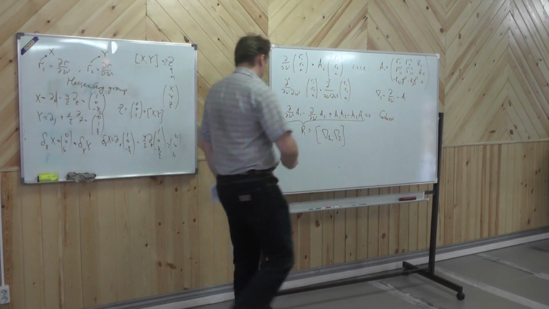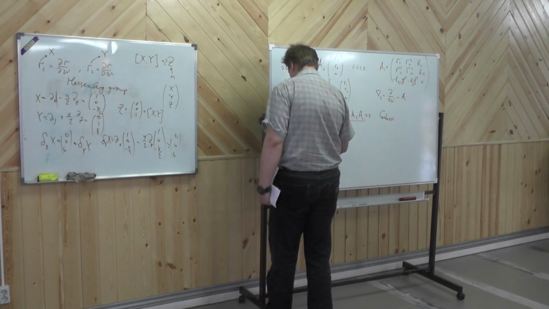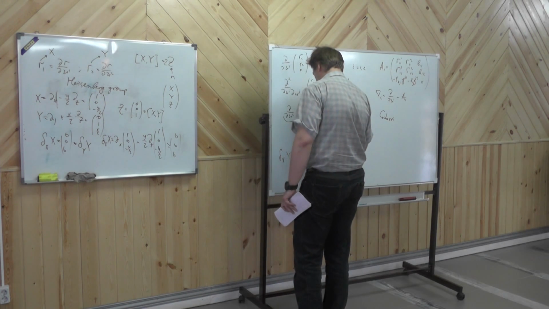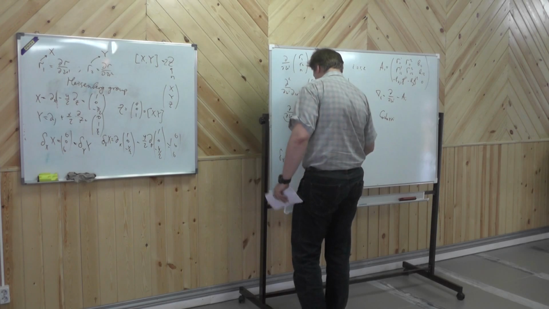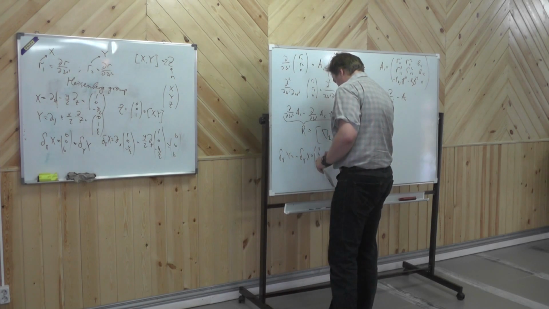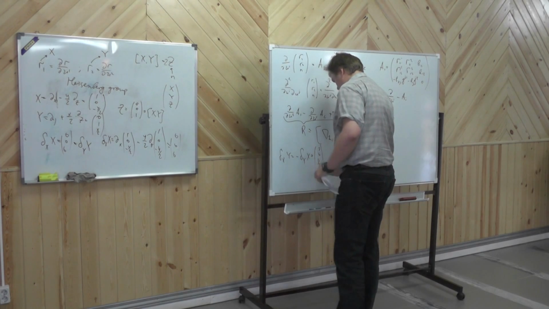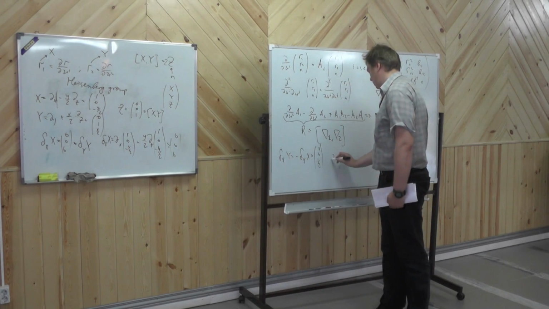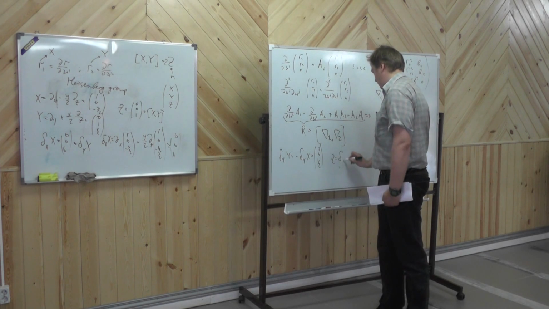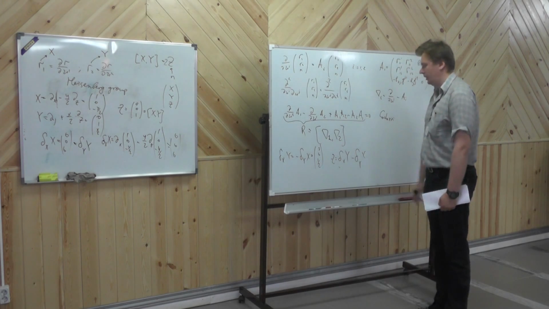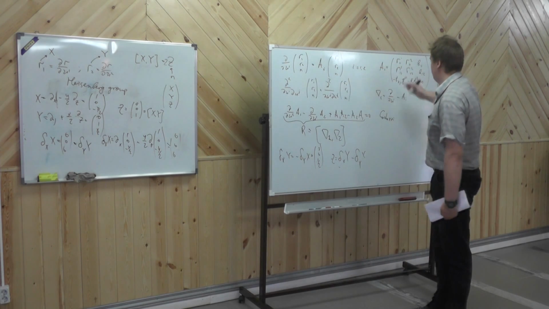And next, this will be d by x, and this will be, it is easy to see, yes, just because z should be dy x minus dy x. So you can just write down these two matrices.